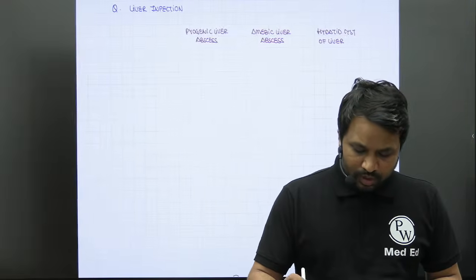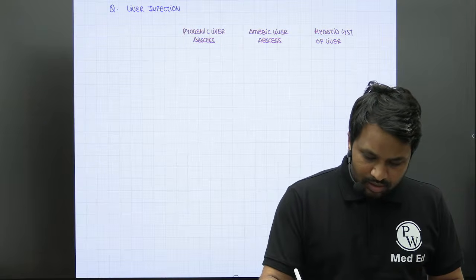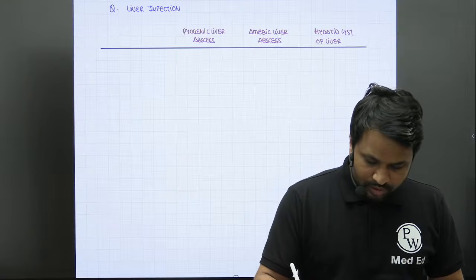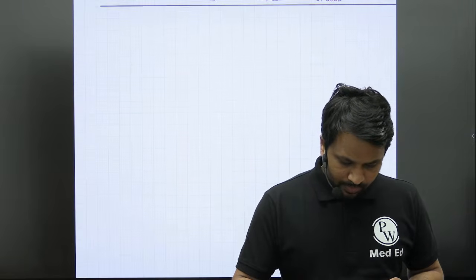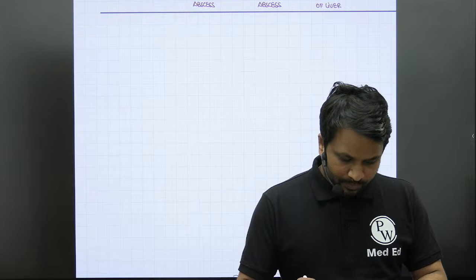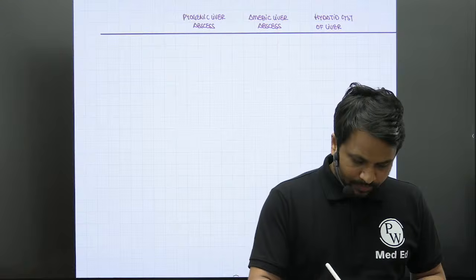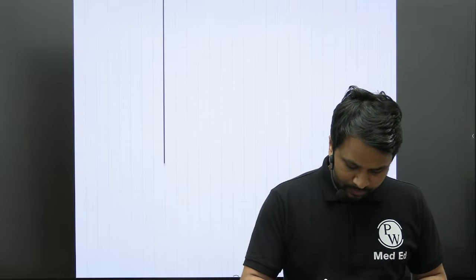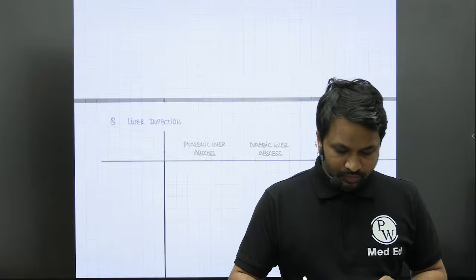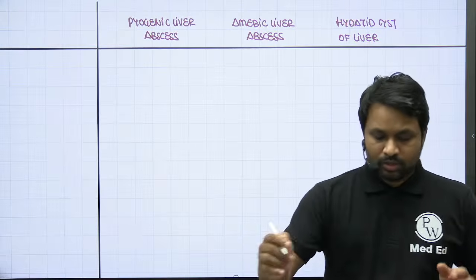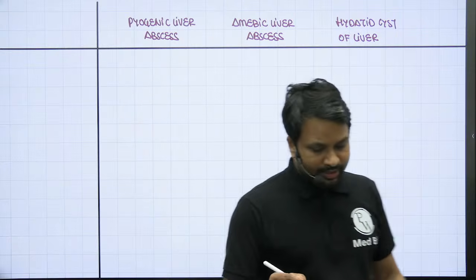We'll do a comparative table so that we remember every single context, so that it's easier for us to construct it back. The three disorders we're going to talk about are pyogenic liver abscess, amoebic liver abscess, and the hydatid cyst.